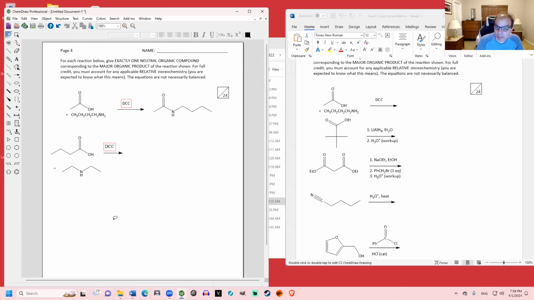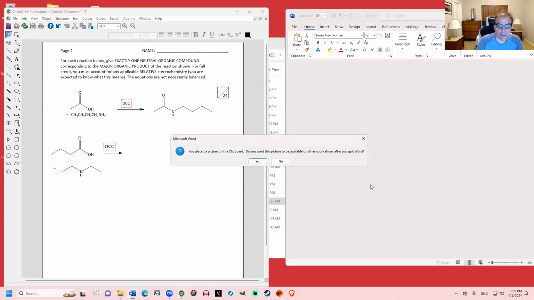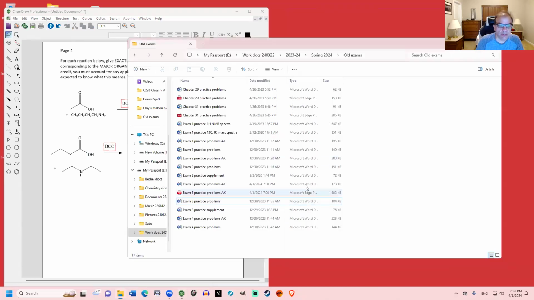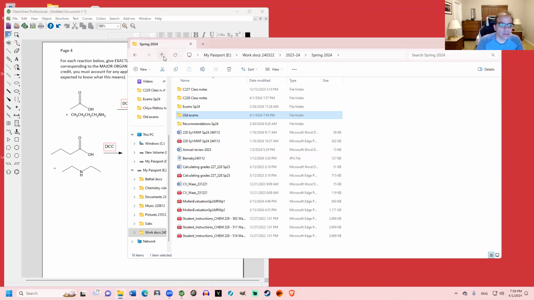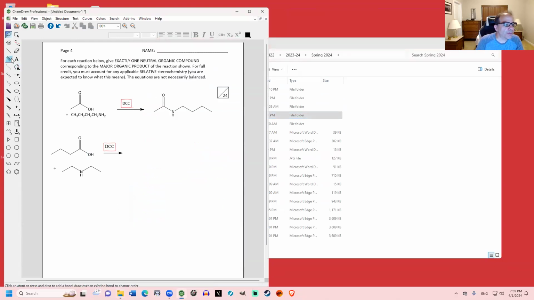So remember our method that we used for figuring out the answer to this question. I was going to look it up in the class notes. But the method that we used says take the N in the amine and put it where the OH of the carboxylic acid is. Connect that nitrogen to the carbonyl.